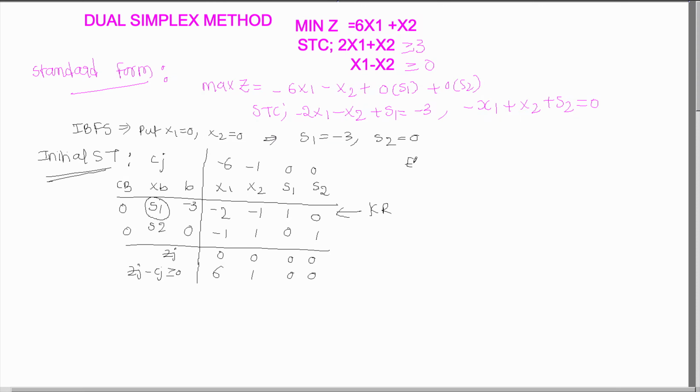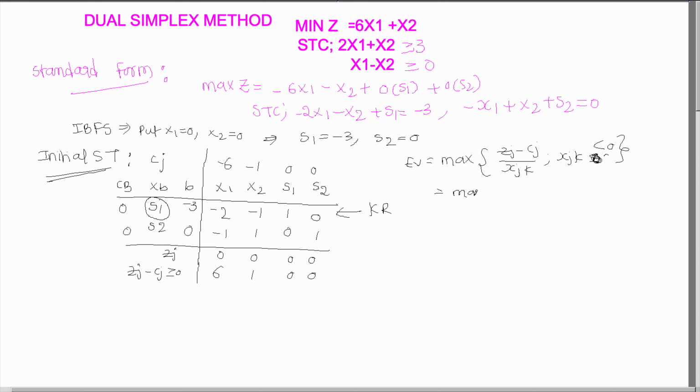For the entering vector in the dual simplex method, we have the formula: maximum of Zj minus Cj by Xjk, where Xjk is less than 0.